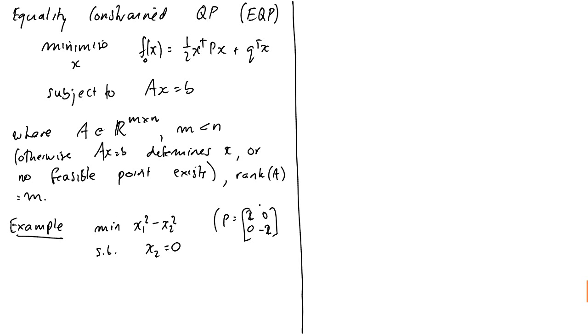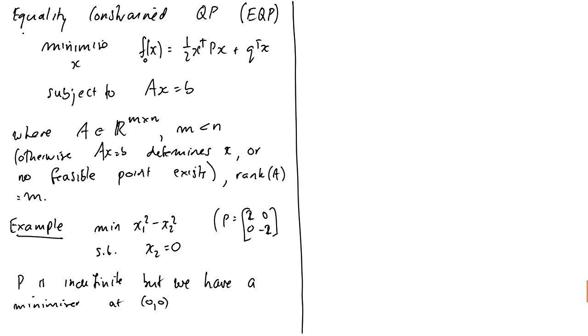It's got a negative eigenvalue and a positive one, but we're constraining x2 to be 0, so this negative entry never comes into play. So P is indefinite, but we have a minimizer at (0, 0), because the negative part of P is basically constrained out of the equation.